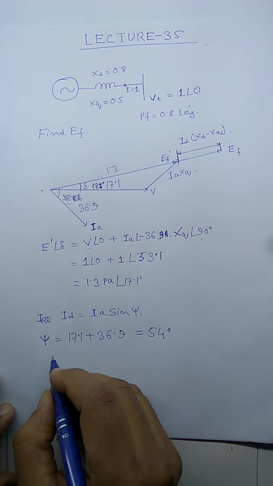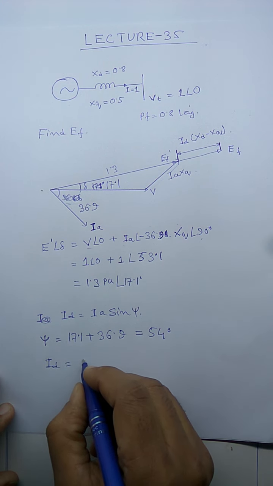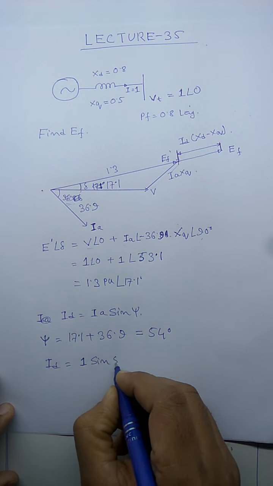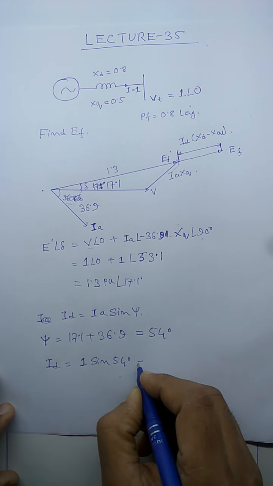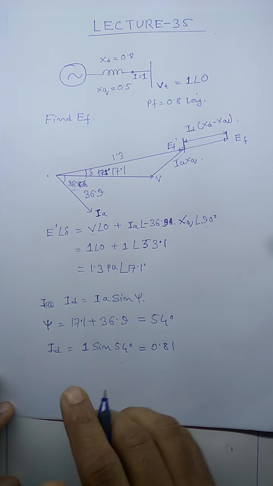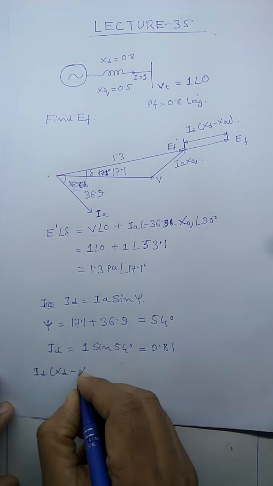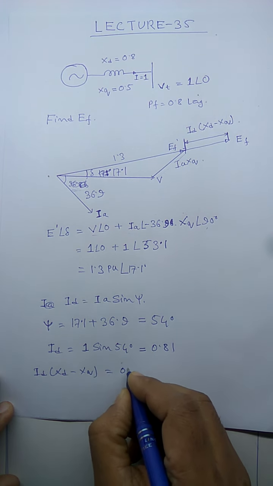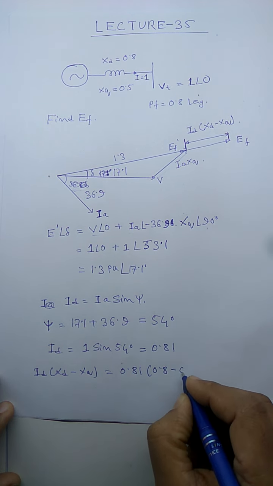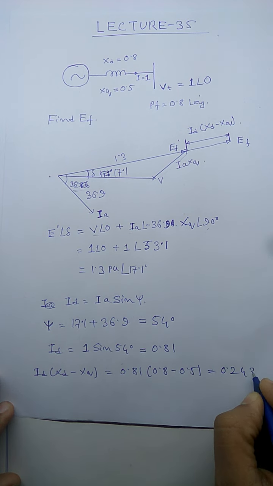Then we can calculate ID, which is IA, equal to 1, into sine of 54 degrees. That turns out to be 0.81. So what is ID into XD minus XQ? It is 0.81 into 0.8 minus 0.5. That turns out to be 0.243.